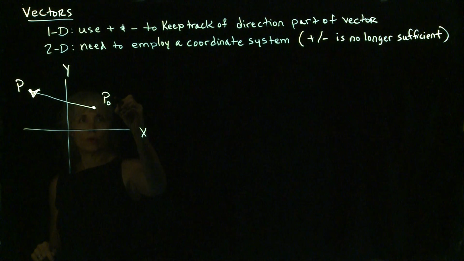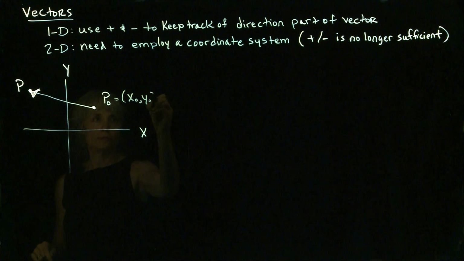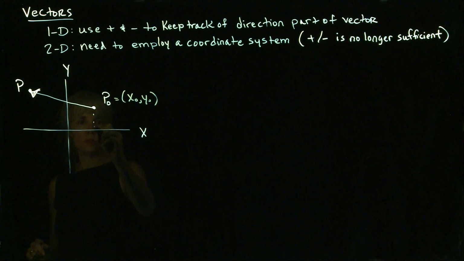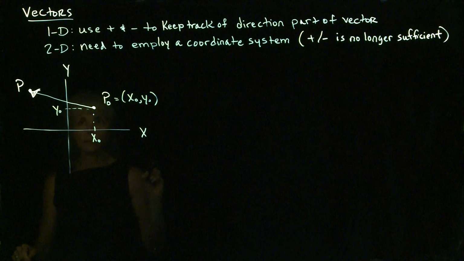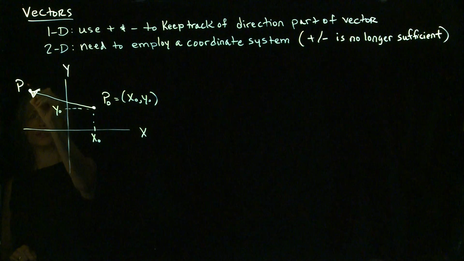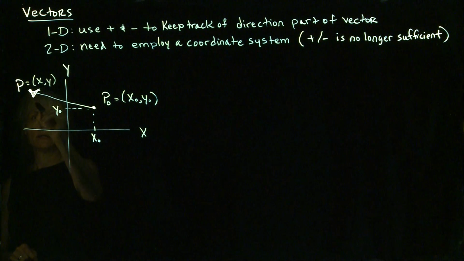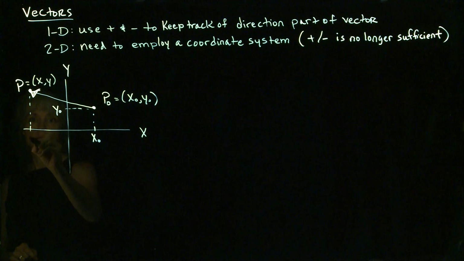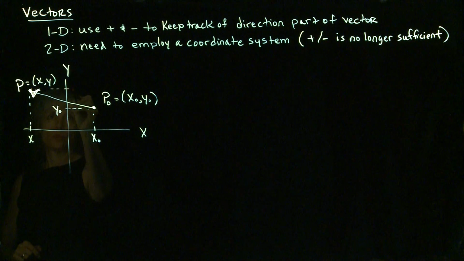It has some coordinates x naught and y naught. And so this is going to be some x naught, and this is going to be some y naught. All right, so what about the final position? Well, the final position is going to correspond to some x, y, some final position x, and some final position y.